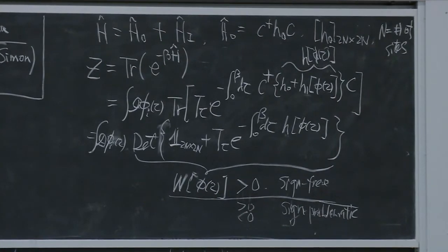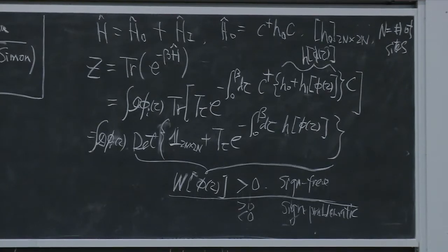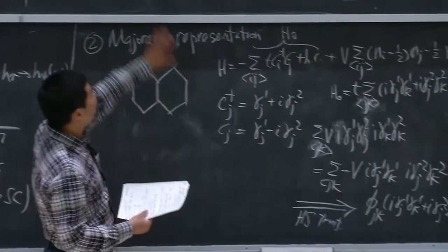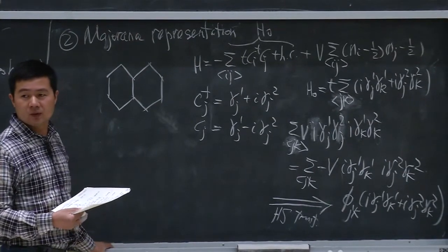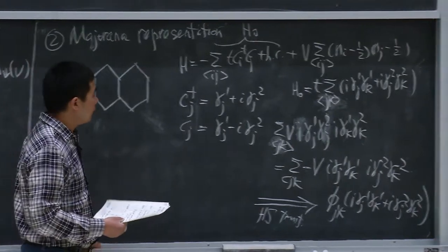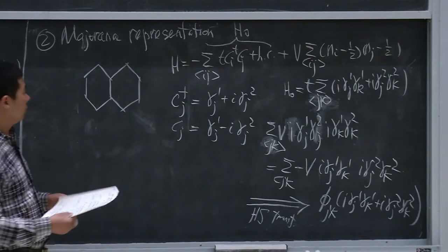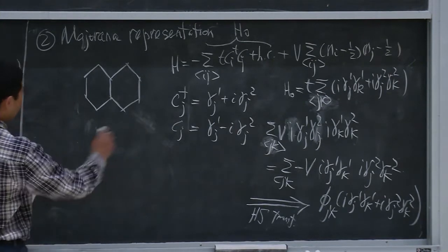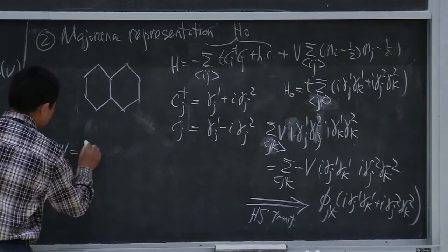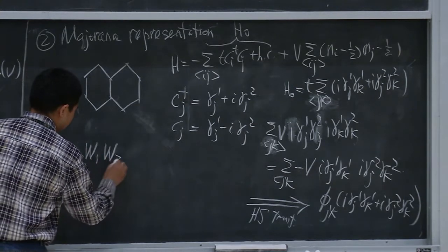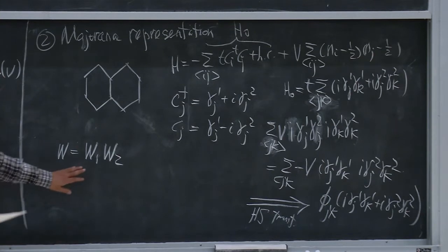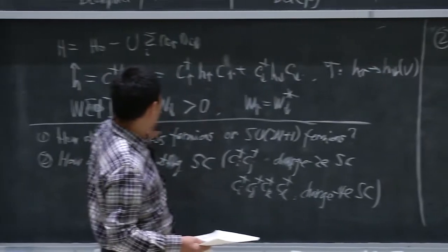And when we take the square root, there's a sign ambiguity first. Okay, and we really don't know whether the weight we obtain is positive or negative. However, if we can find some relation between component 1 and component 2, although we don't know each one, when we integrate out the Majoranas, we will get a product of these two weights. And for the attractive Hubbard model, it is W up and W down.